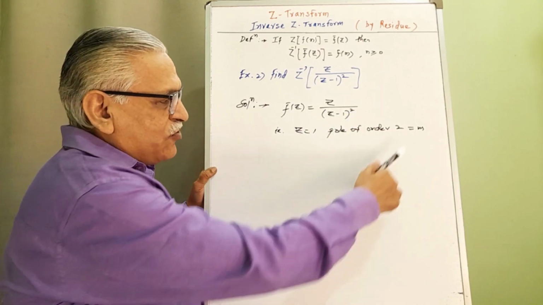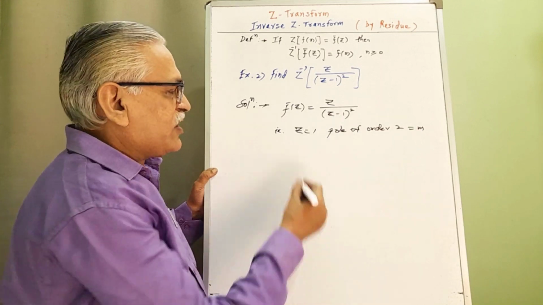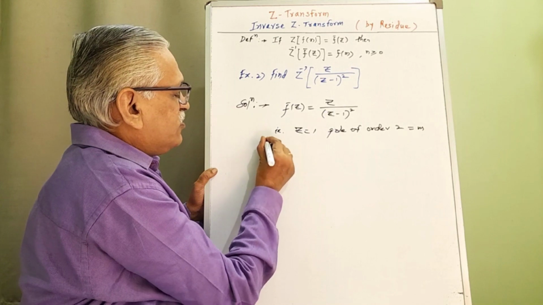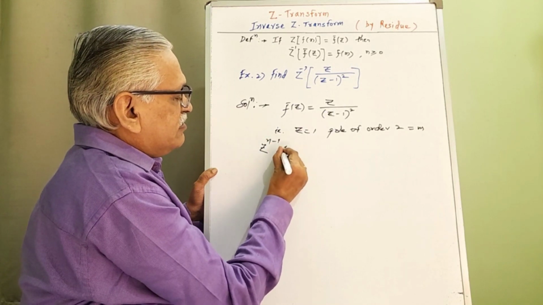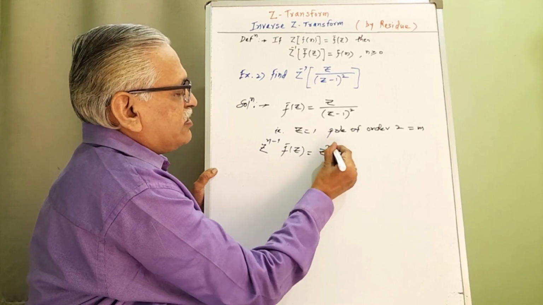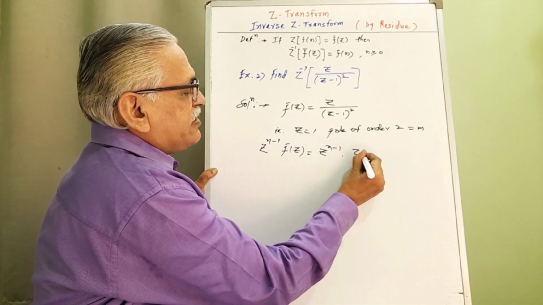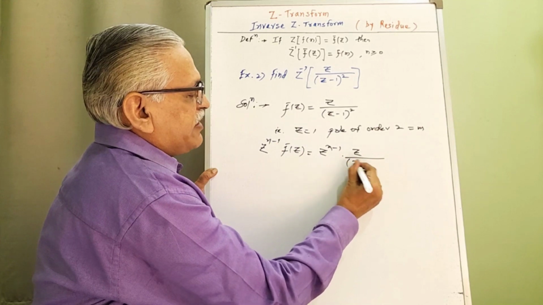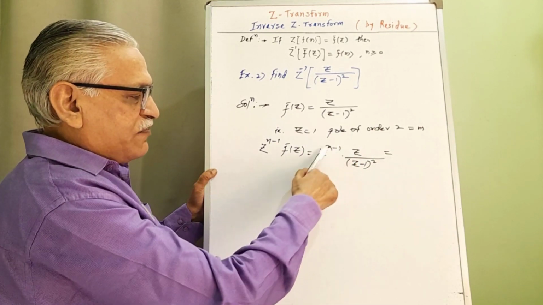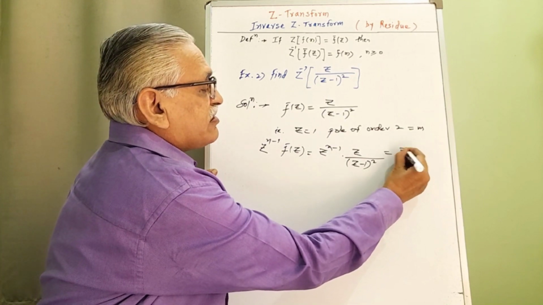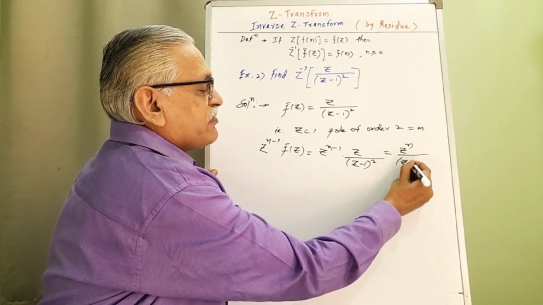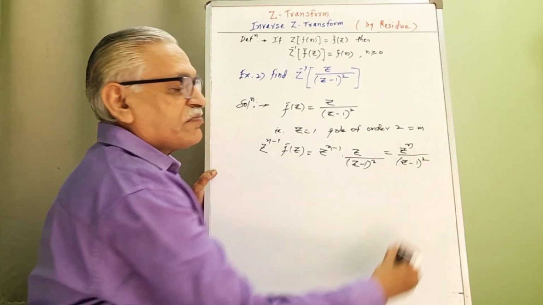As it is a pole of order m, we have to apply the second formula. Before that, multiplying by z raised to n minus 1 on both sides, we get z raised to n minus 1 multiplied by z divided by z minus 1 whole square, which equals, adding the powers, z raised to n plus 1 minus 1 get cancelled, so z raised to n, divided by z minus 1 whole square.